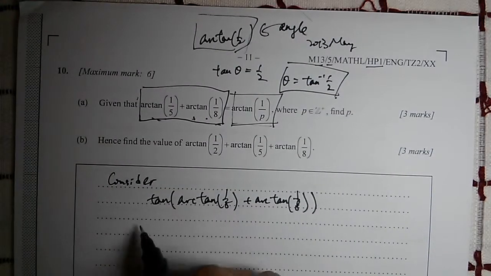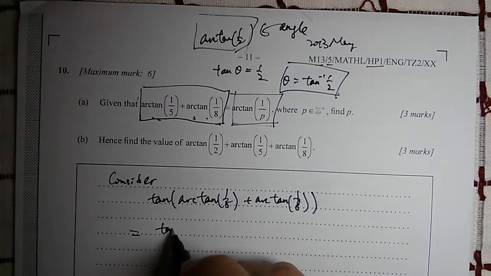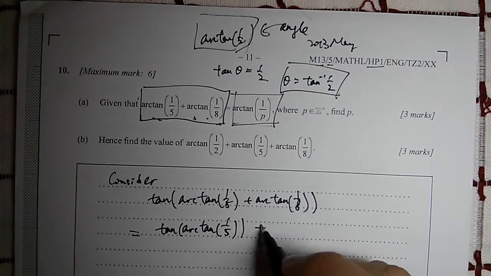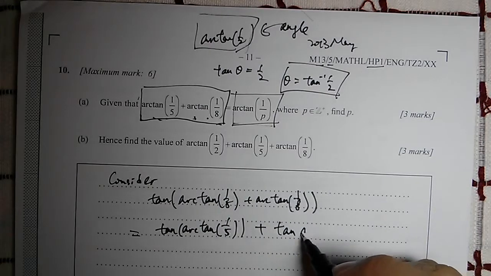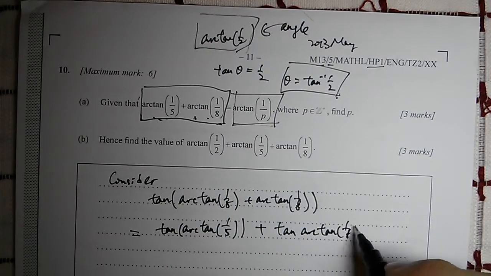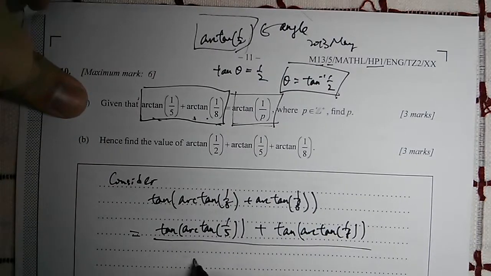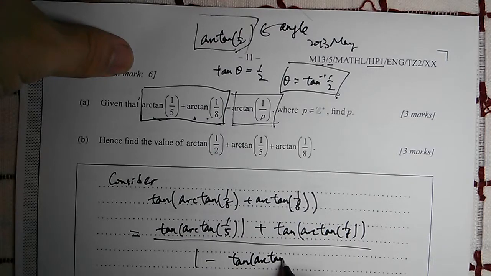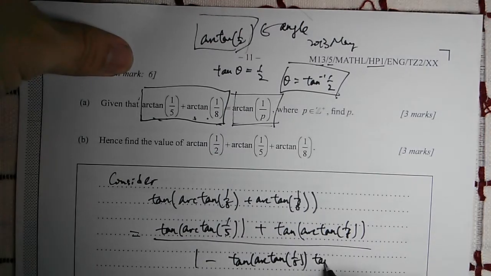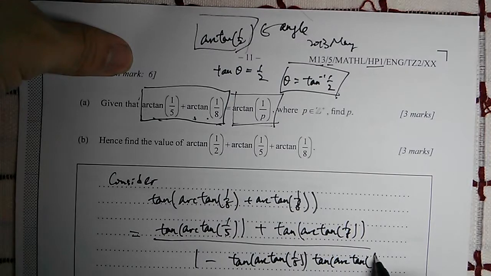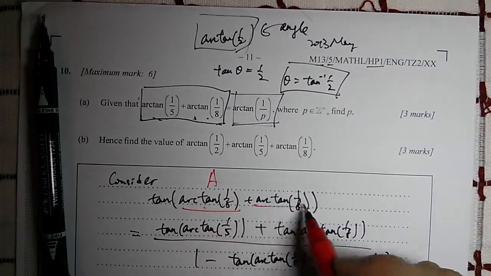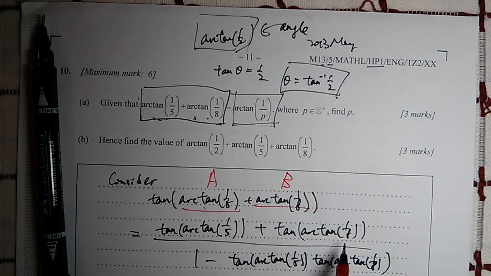Tangent of A plus B, just copy from your formula booklet: tangent A plus tangent B, divided by 1 minus tangent A times tangent B. In case you don't get it, this is our A, this is our B.